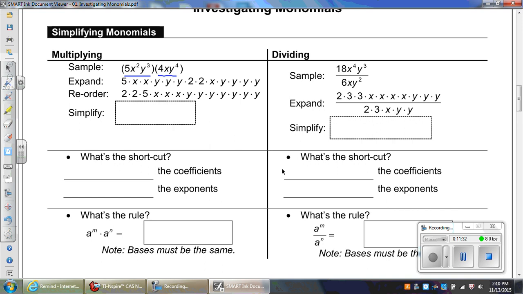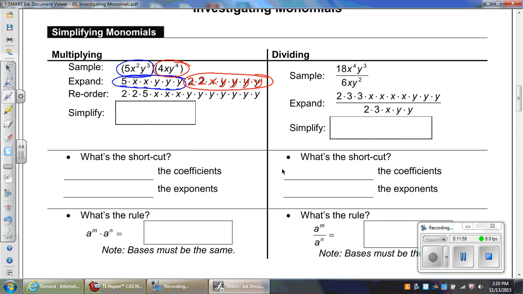If we expand 5x squared times y cubed, we get a 5, we get 2 x's, and we get 3 y's right here. Now, if we expand 4x y to the 4th, we get a 2 and a 2, because that is 4. And then we get 1x, and then we get 4 y's.